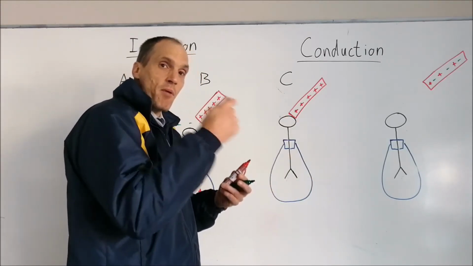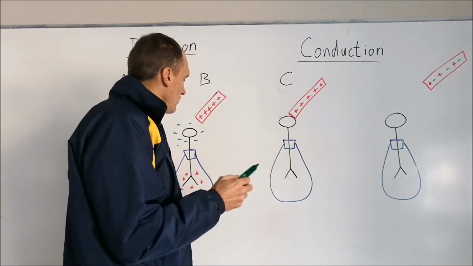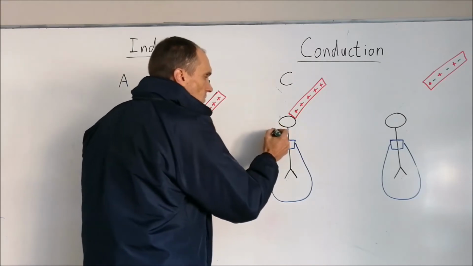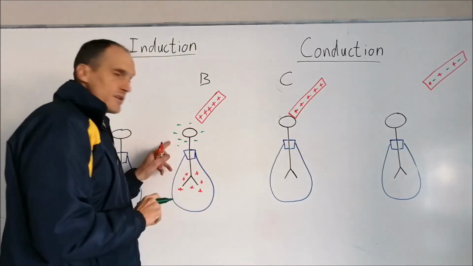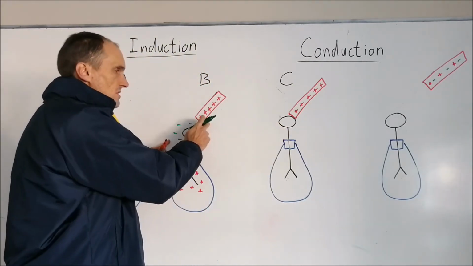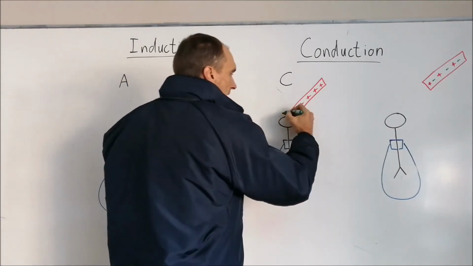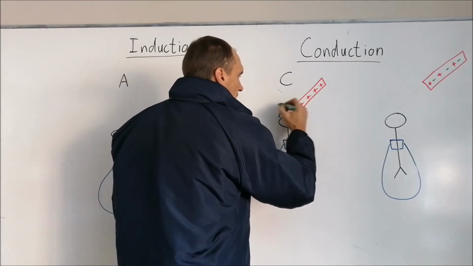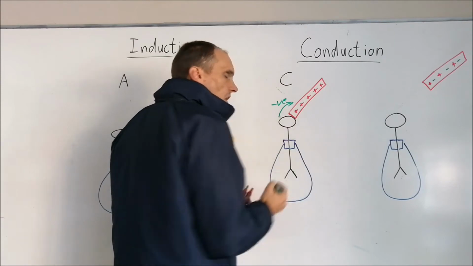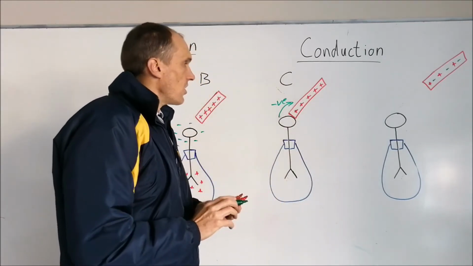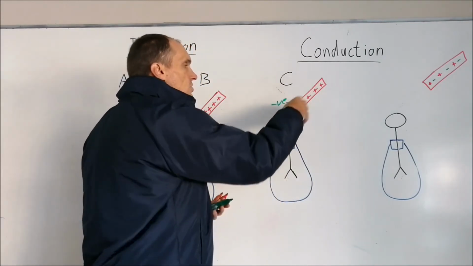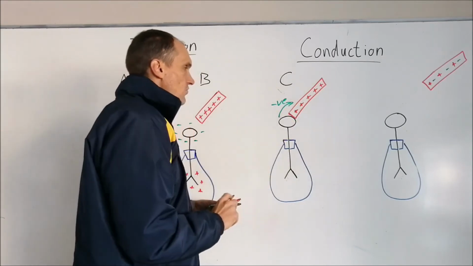We're providing a path for the electrons to move, and what happens is all the negative electrons that have been attracted by the positive rod to the top of the electroscope actually will try and jump across onto the positively charged rod in order to try and neutralize this rod, right?